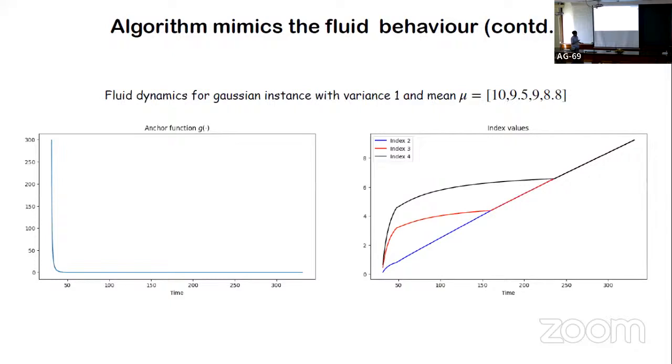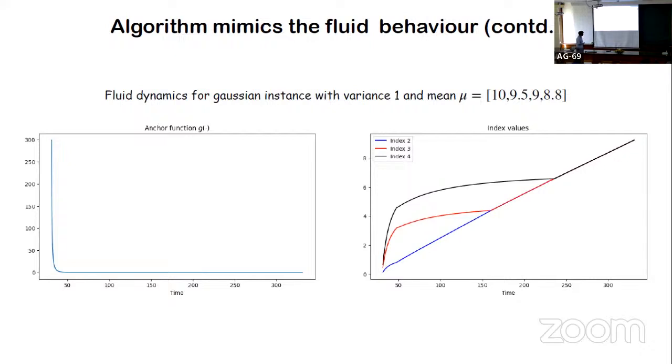So this is just some illustration of the fluid dynamics. For example, we started the fluid dynamics for this particular instance at some state. We gave it some initial number of samples, and initially it started with a very positive value of the anchor function. The algorithm just started by pulling the best arm, and that brought the anchor function to 0.